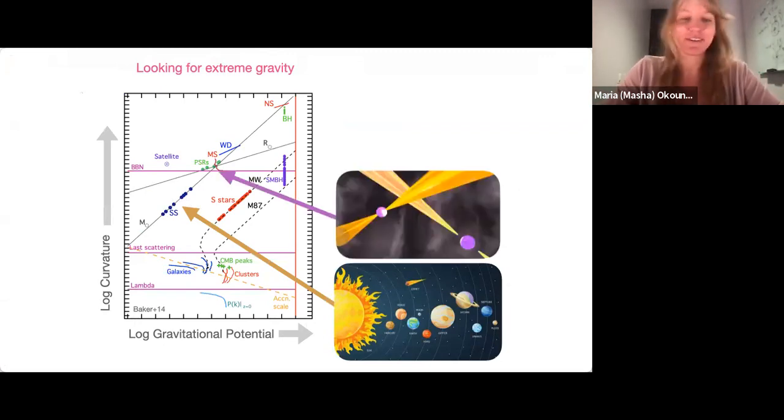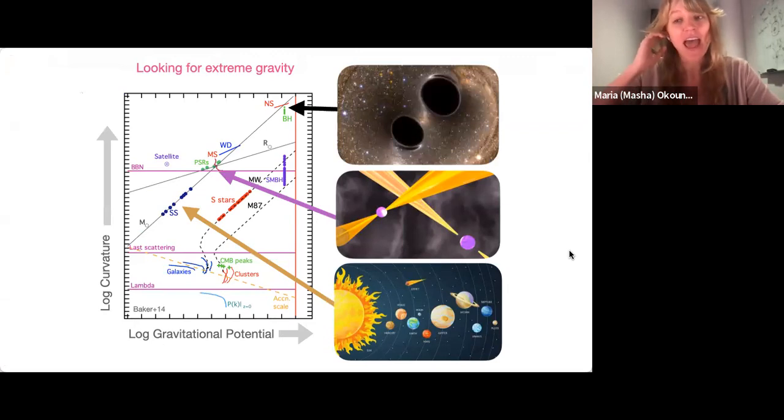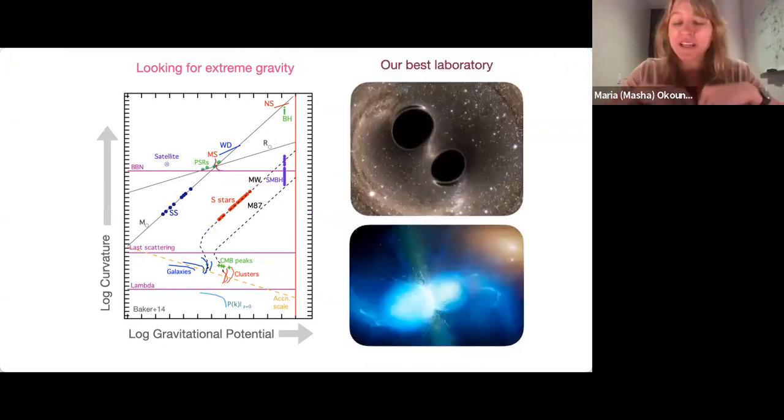Then increasing in curvature and gravitational potential, we get systems like pulsars, which are a wonderful way to test general relativity. And all the way over here, we get neutron star and stellar mass black hole binaries. The claim is that these are really the best laboratory that we have for seeing gravity at its most extreme, to potentially see the regime where general relativity stops being a viable description of nature.